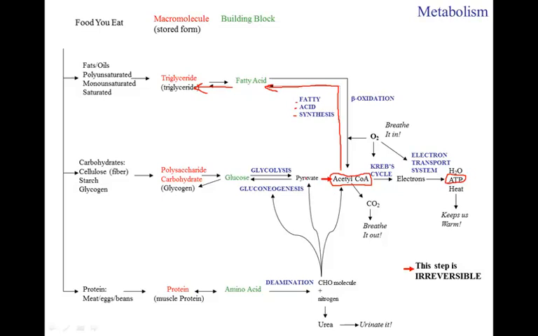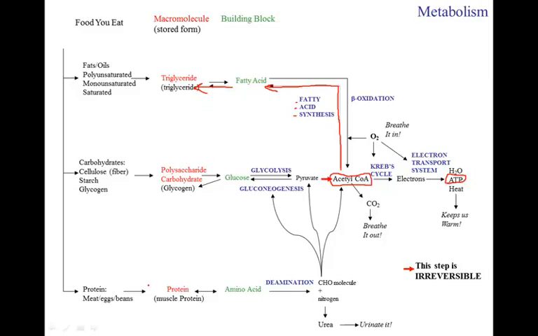So you can convert sugars to fat, proteins to fat, and of course you can store fat as fat, but you can't take anything backwards from acetyl-CoA to glucose. You can make glucose, but you can't make it from acetyl-CoA. So a fat cannot turn into a sugar, but sugar can turn into fat.